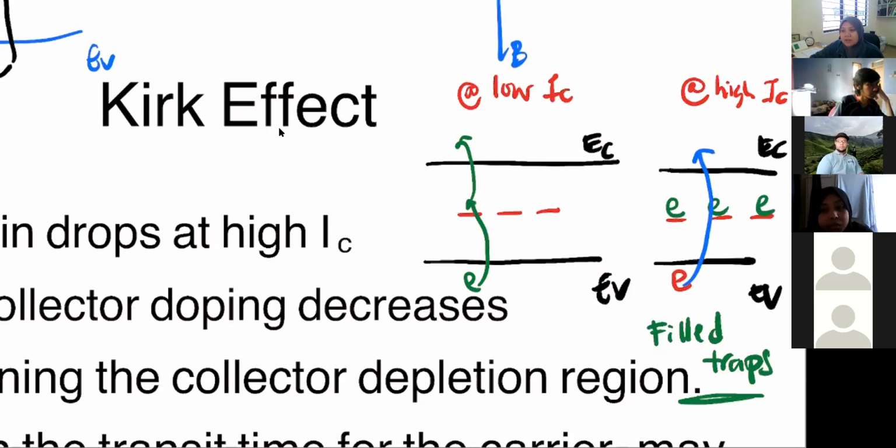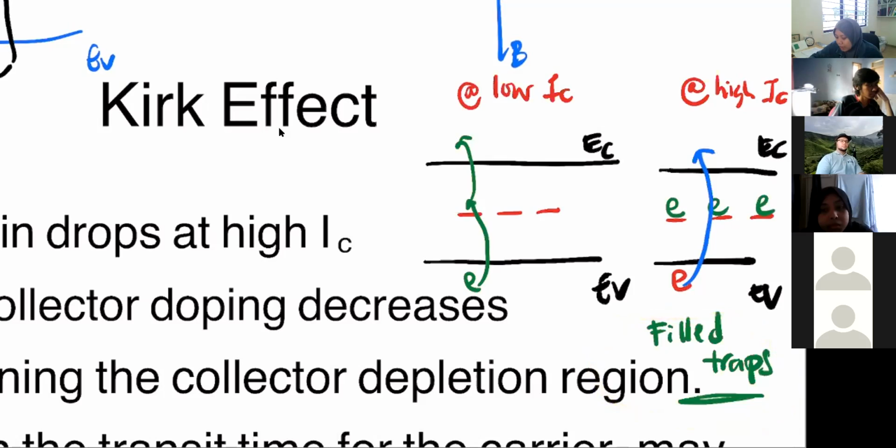Do you understand? Although the trap is the same, because the traps come from when you fabricate the device, the number of traps is the same, but the effectiveness of the trap depends on the number of free carriers. If you have a lot of free carriers, the trap will be filled and no longer behaves like a trap.